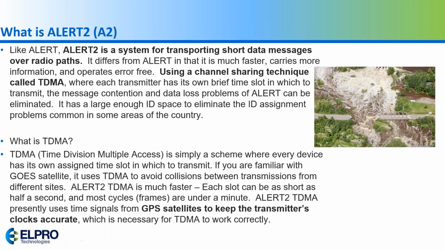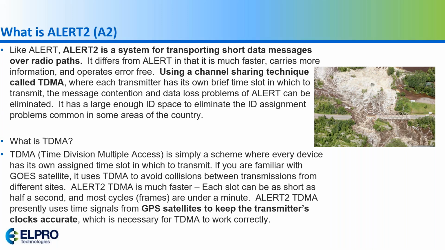So what is ALERT2? ALERT2 is a system for transporting short data messages over radio paths. It uses a technology called TDMA in the newer version, the ALERT2. The original version, as they call ALERT or ALERT1, did not use this, and in some cases, some of the information got lost.